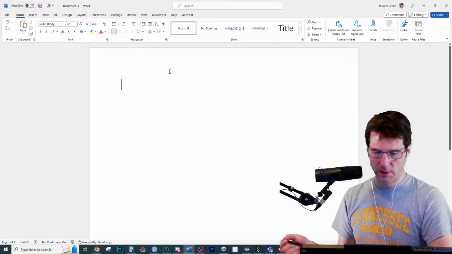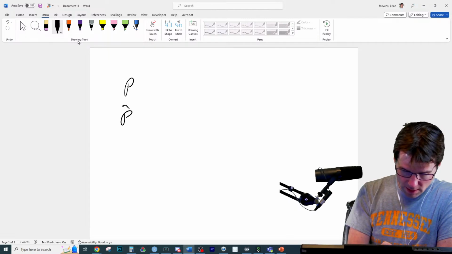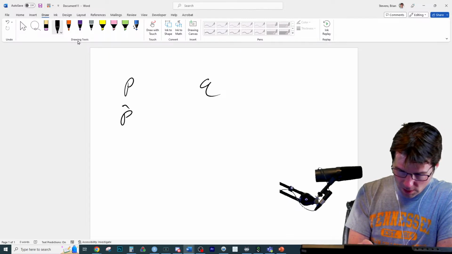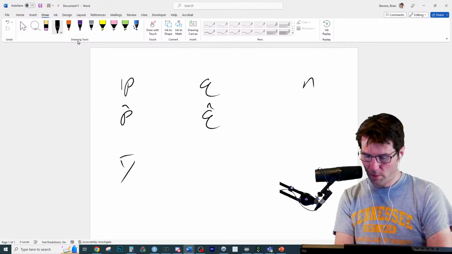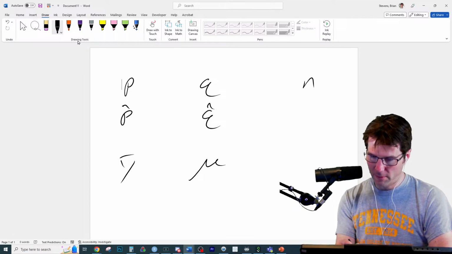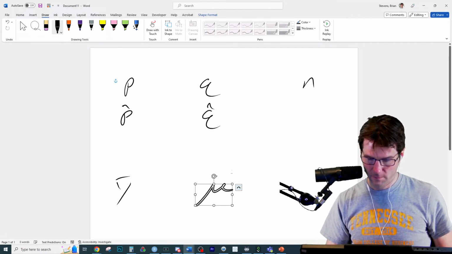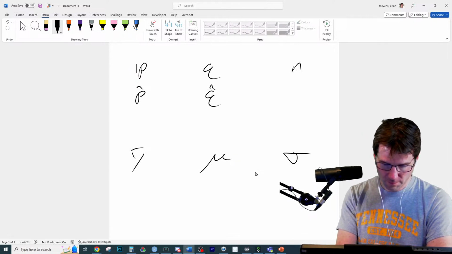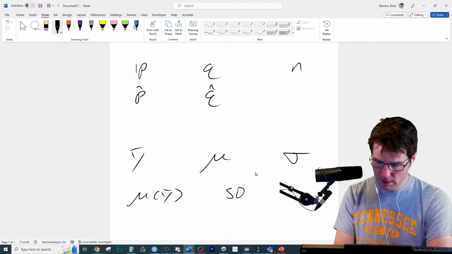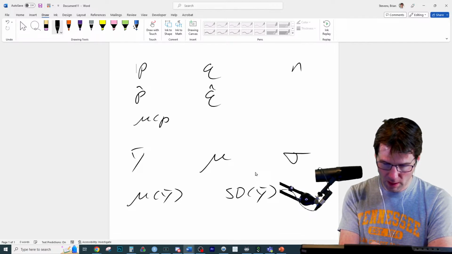And the notation starts with things like p hat, and then we have q hat, we have n, we have y bar, we have mu, we have mu p hat, got so many of them. And then we have sigma, mu y bar, and SD y bar, and then we have mu p hat.